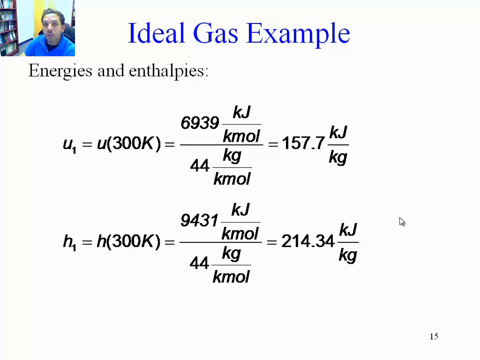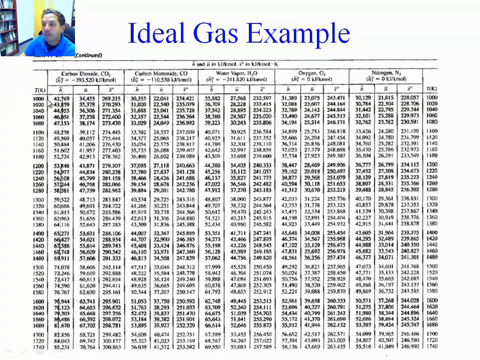Let's go to state 2. State 2 is 1200 Kelvin. We go to the other part of the table, the one that reaches 1200 Kelvin. Notice again, this is in the units of kilojoules per kilomole. We look at the first column because that's CO2. The other one is CO. The other one is H2O, O2, and so on and so forth. Energy is 43,871. Enthalpy is 53,848.